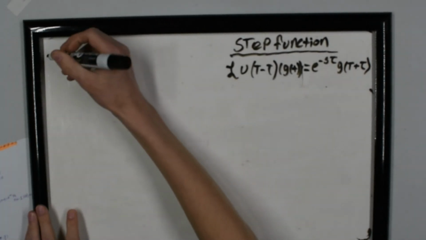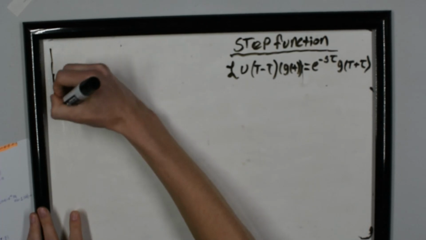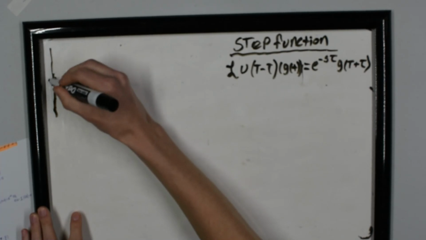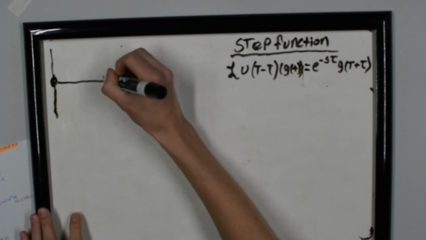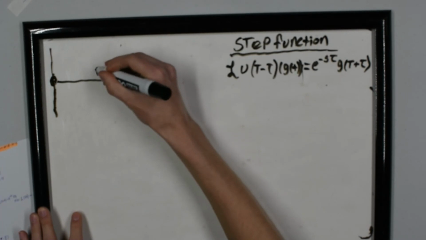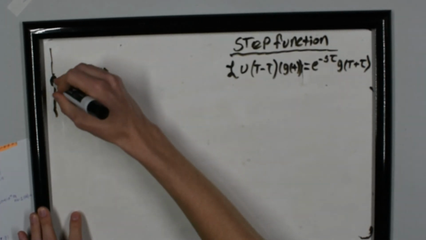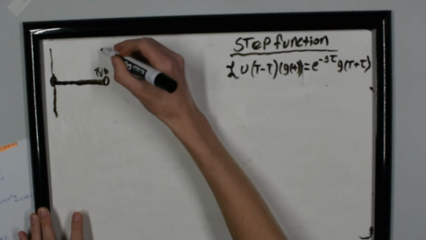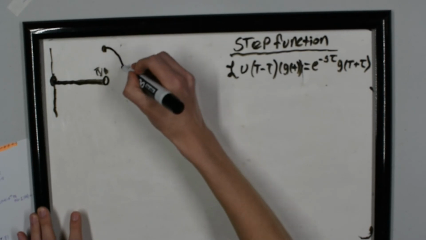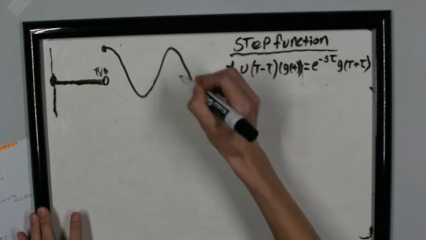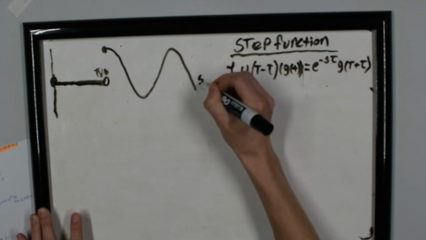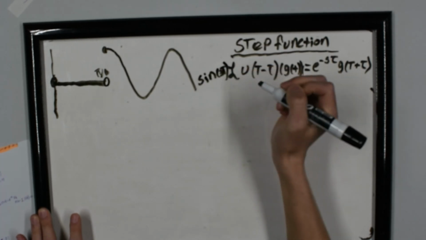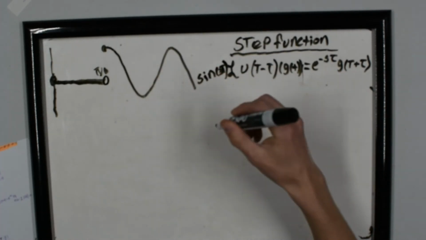Okay, so in number 19, we are given a graph, and from 0 to pi over 6, we have the function 0. And from pi over 6 and beyond, we have a sine function, and this is sine 3t.